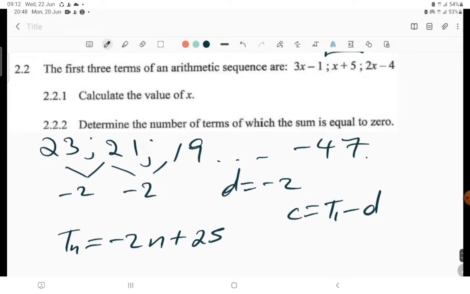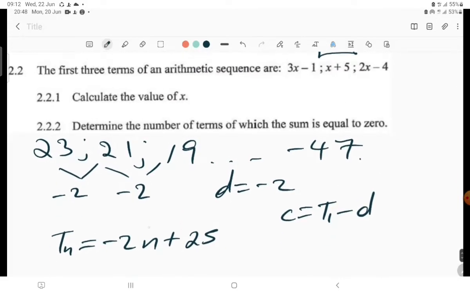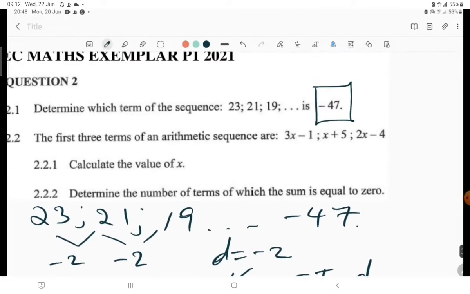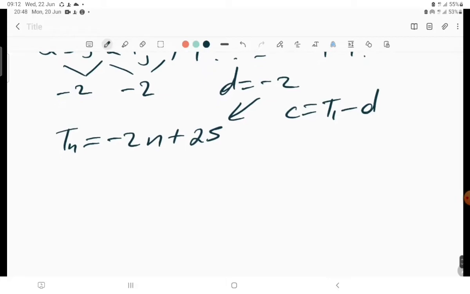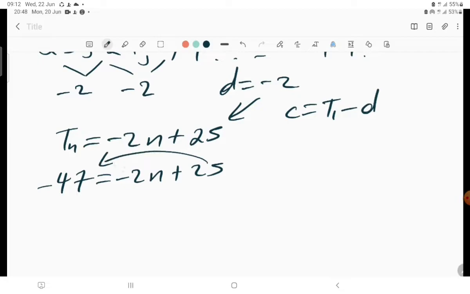So in this general formula, in the place of Tn, we put negative 47, then we have negative 47 is equal to negative 2n plus 25. Then therefore we take this 25 to this side, and it's going to be negative 72, which is equal to negative 2n, then our n is going to be equal to 36.